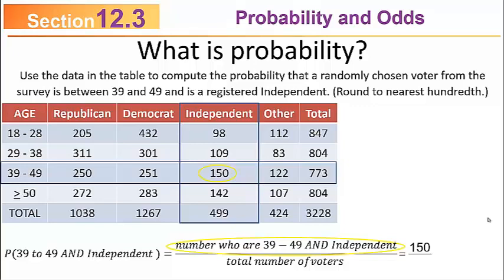So the numerator is 150, and the denominator is everybody, which are all the voters, and as the chart tells you, that's 3,228. And since they ask us to round the answer to the nearest hundredth, that gives us permission to use the calculator instead of just reducing the fraction. And if you do that and round it to the nearest hundredth, you'll find the answer is 0.05. In other words, there's a 5% chance of that happening if you just pick a voter out of this group at random.